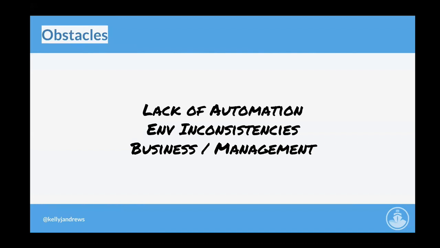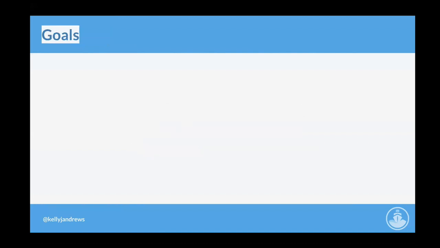Thank goodness. Okay, so what are some of the goals? What do we want to get to? We need to be reliable. We need to know with 100% confidence that our code base is going to be shippable at every point throughout the entire process. Everything has to be automated. The more I have to touch it, the slower it gets, the less accurate it can be, and the more errors I can introduce as a human.